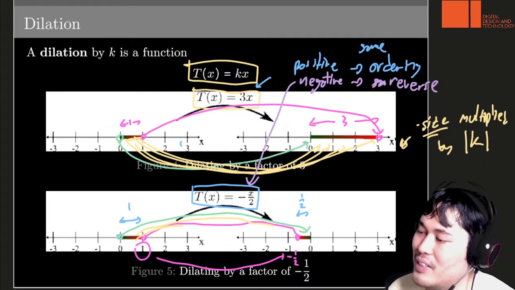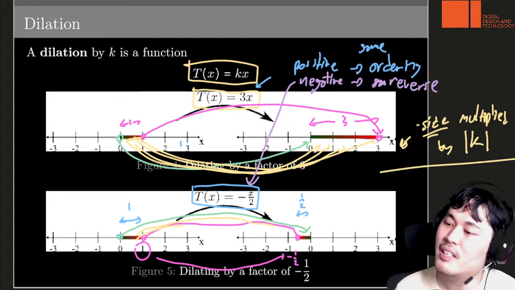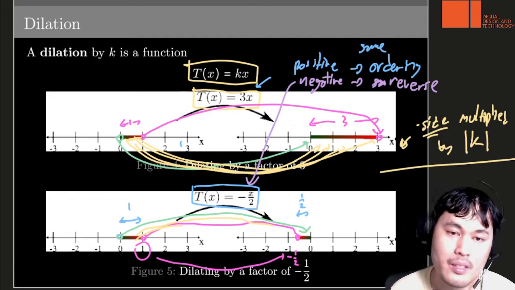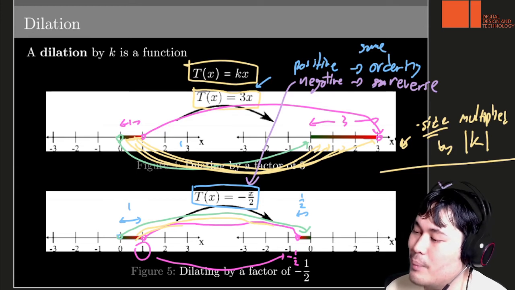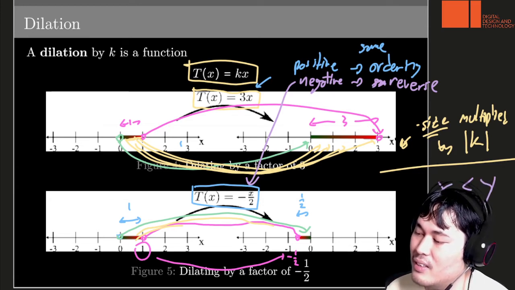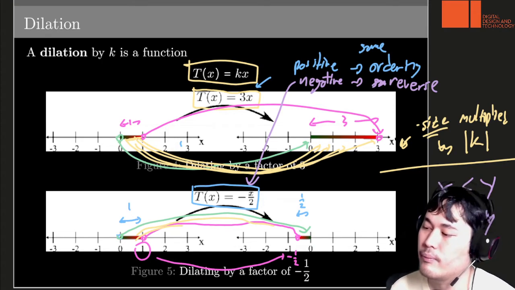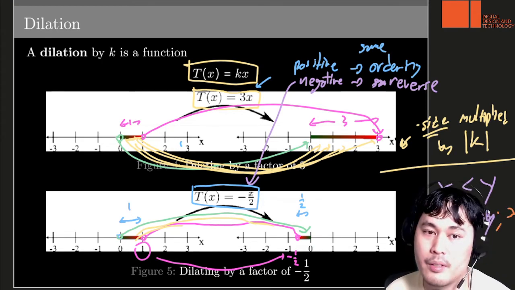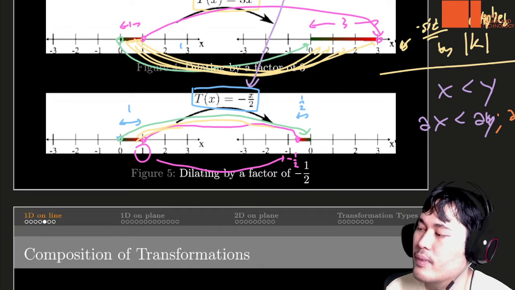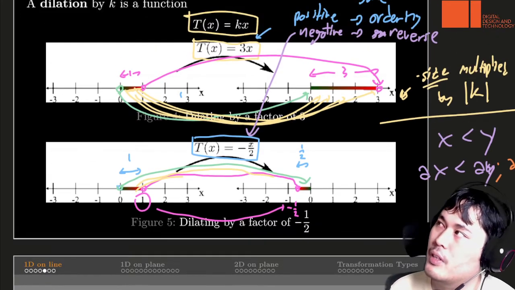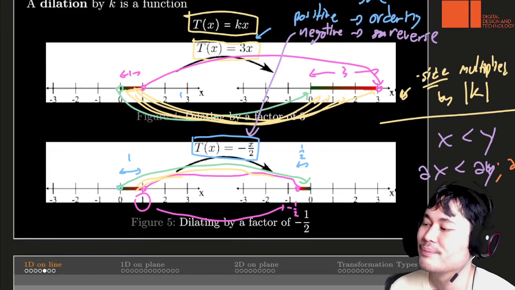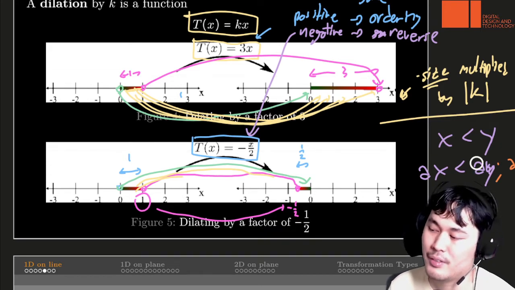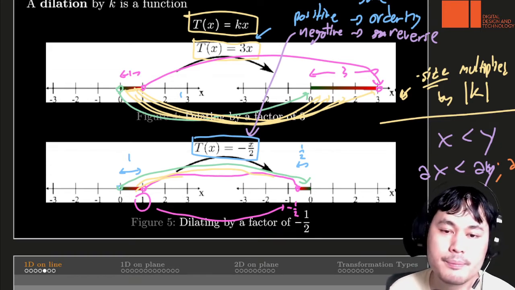Oh, by the way, I should also mention that in the relationship with inequality, if you have x less than y, then a times x is less than a times y, if a is positive. As we saw from several weeks ago, if a is positive, then the result keeps the same ordering.